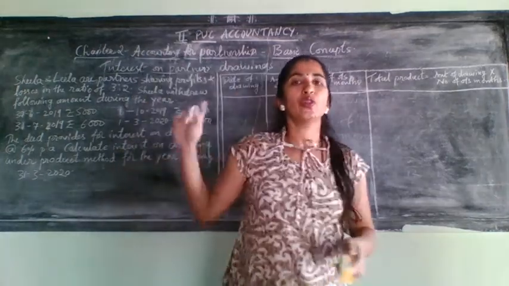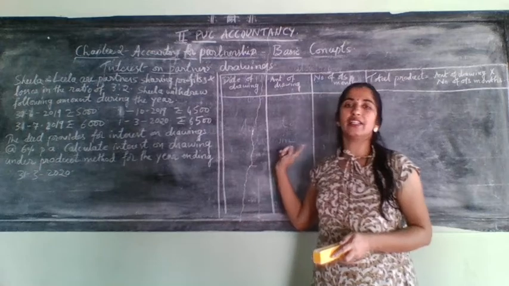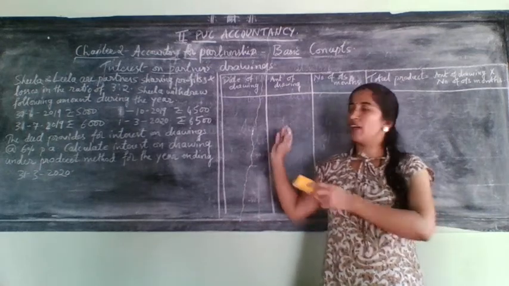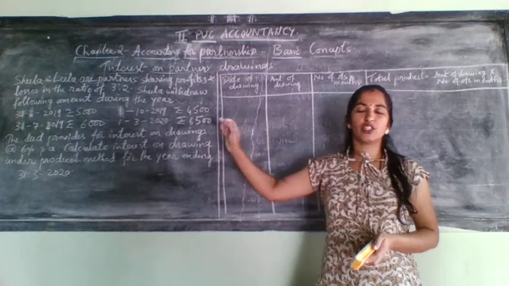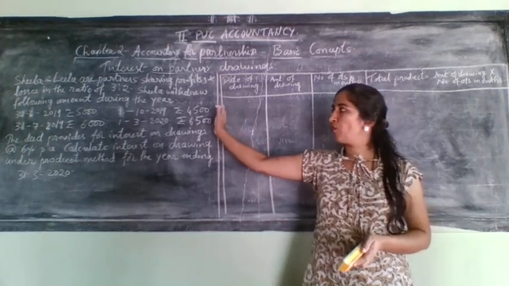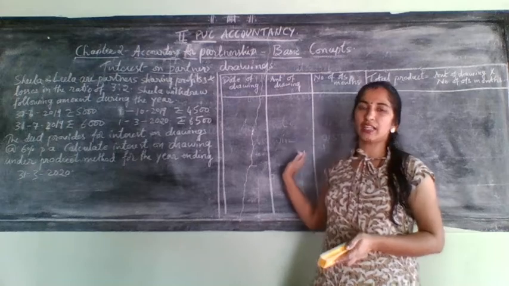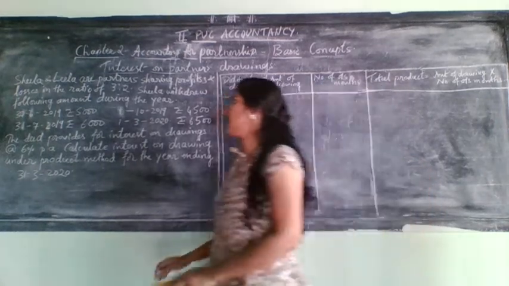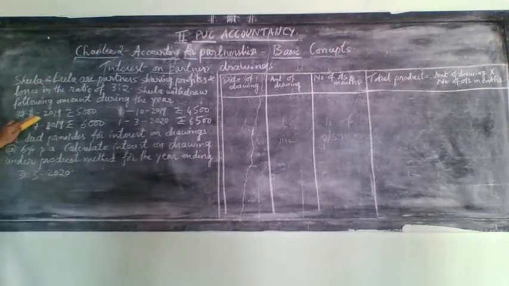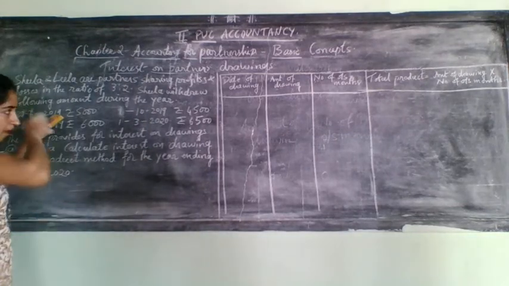As I told you, to write here, we should write the dates in chronological order. However they have given in the problem, you need to check in which order it is, but while writing here, it should come in chronological order only. Okay, so now 30th 6 2019, this is the first date.